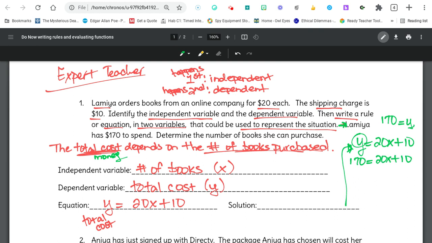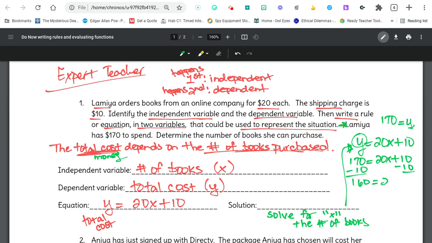So you're just going to substitute and solve for X. X is the number of books. But you can only solve for X if you put a Y of 170 in, okay? So I'm going to subtract 10 from both sides.